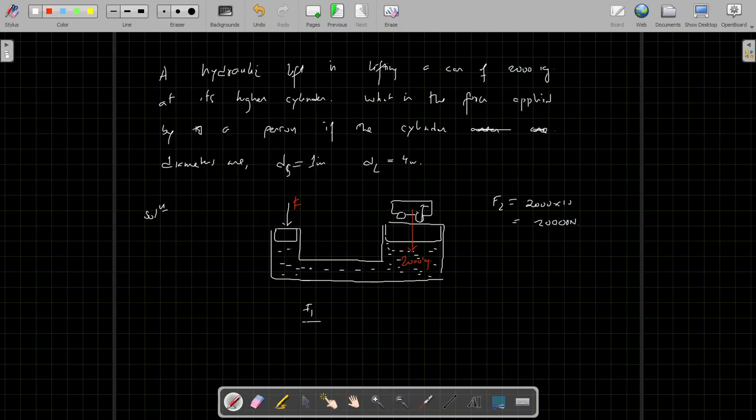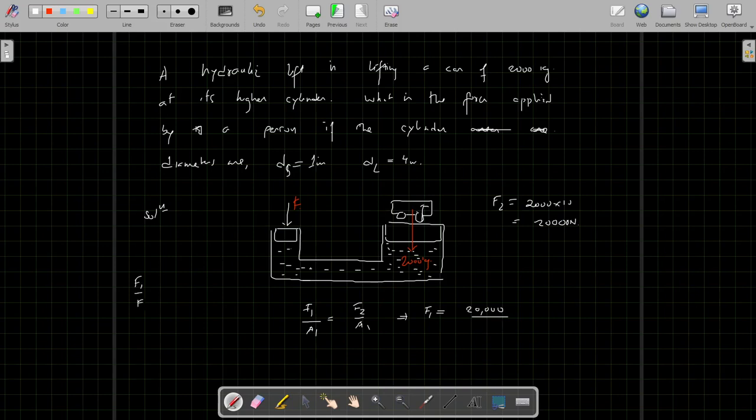So we know, using Pascal's principle, F1 by A1 should be equal to F2 by A2. This implies F1 is, I need to find, F2 which is 20,000 divided by area. One interesting thing, I will show you this side.